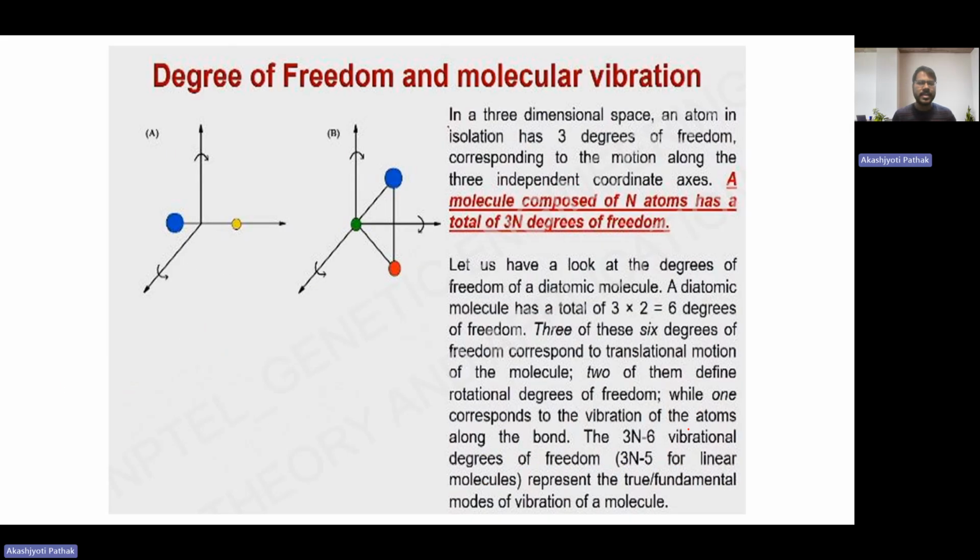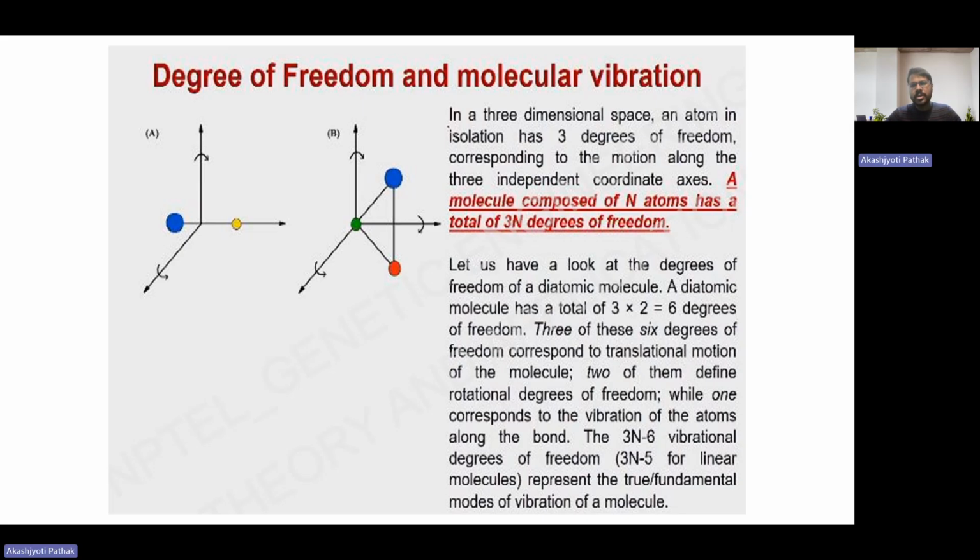Now, as I was explaining, a molecule can have different motions. In three-dimensional space, an atom has 3 degrees of freedom. If we consider only a single atom, it can move along the x-axis, y-axis, and z-axis.